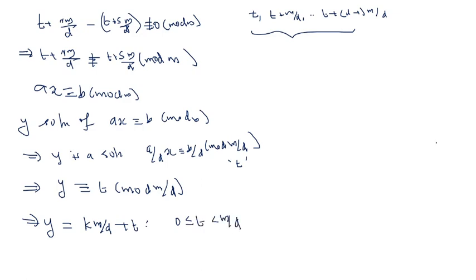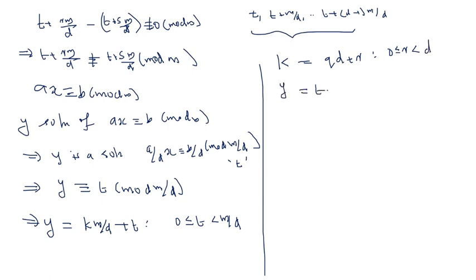for some integer k. Then we use the division algorithm for k, that is, k can be written as qd plus r, where 0 less than or equal to r strictly less than d. Therefore y can be written as t plus (qd plus r) times m by d, which is equal to t plus qd times m by d plus r times m by d.